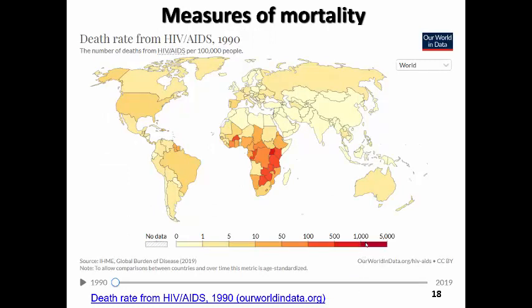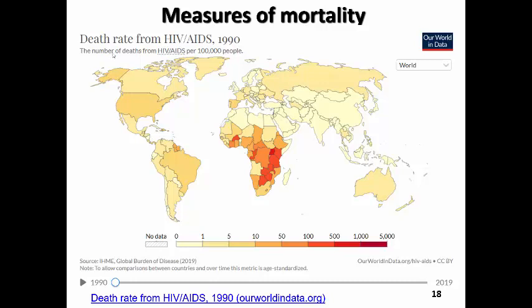Going back to our example of HIV and AIDS in terms of mortality, this is not infection. We can see from 1990 in this world map, using the color-coded legend here at the bottom of the slide, that a number of countries exhibit a wide range of deaths resulting from HIV/AIDS as a function of the number of people.